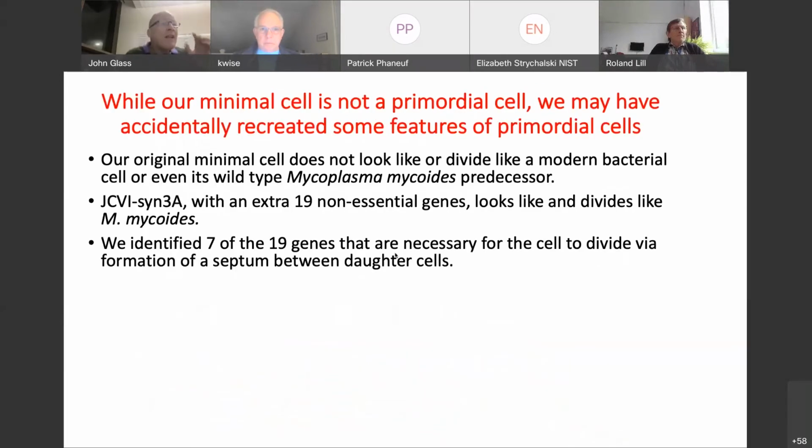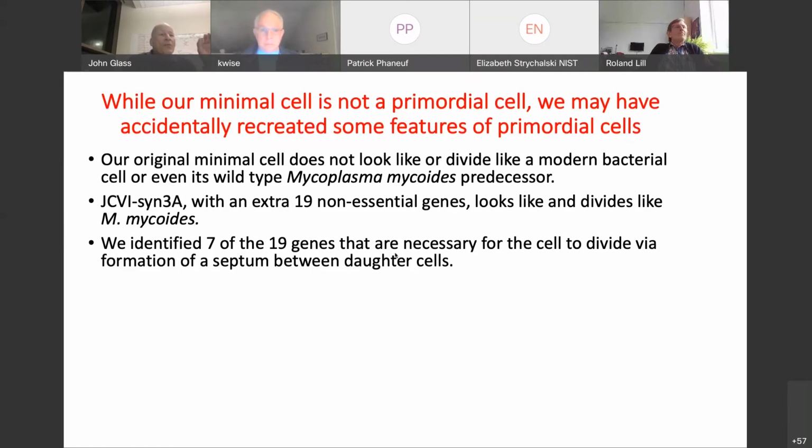Now, another thing that I think is really cool, and this is a labor of love by myself, Kim Wise, Li Ji Sun, some folks at the JCVI, Elizabeth Tuchalsky at NIST, and James Pelletier, who is now Dr. James, but was originally a physics graduate student at MIT. We published this in Cell earlier this year. What we found is that the minimal cell is not a primordial cell, as some people think, but we have accidentally recreated some features of primordial cells.